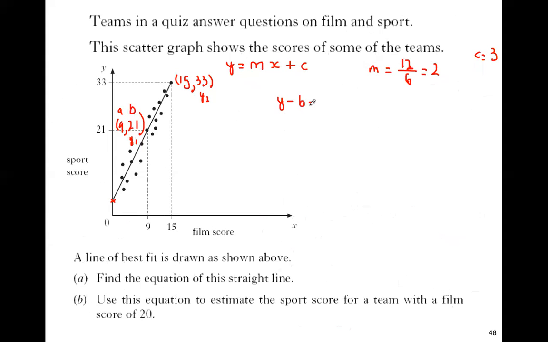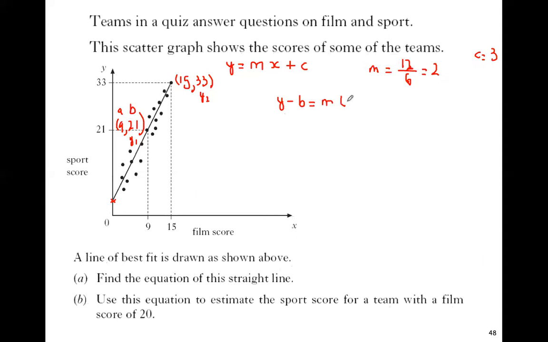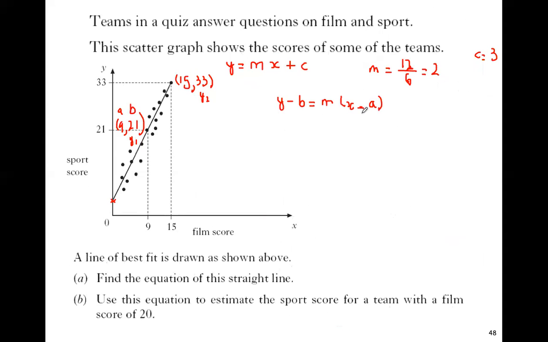Or you can just use the old-fashioned method if you wanted to: y minus b equal m times x minus a. So we could do that. That should give us the same answer eventually.